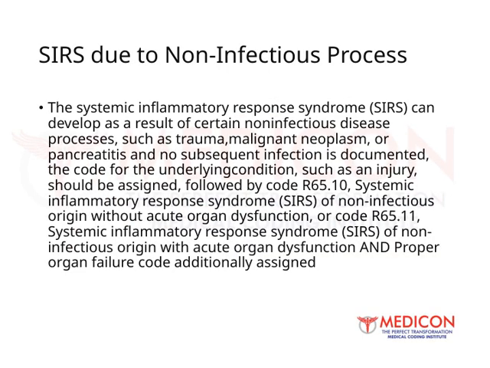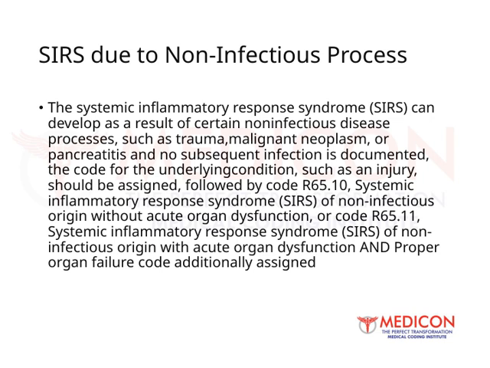Now, let's discuss SIRS due to non-infectious processes. The systemic inflammatory response syndrome, or SIRS, can actually develop from various non-infectious causes. For example, conditions like trauma, malignant neoplasms, or pancreatitis can trigger SIRS even when there's no infection involved.